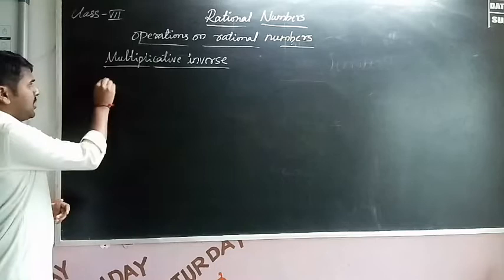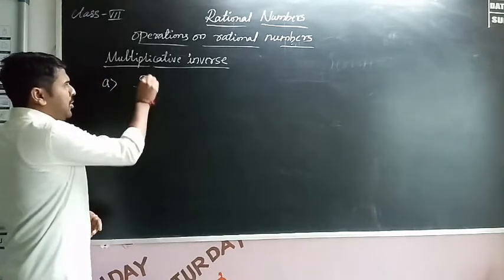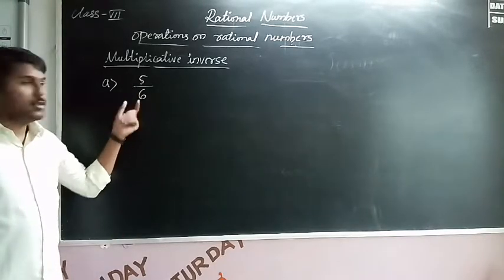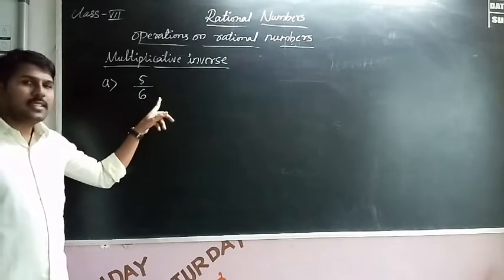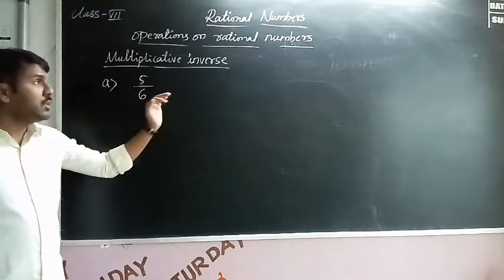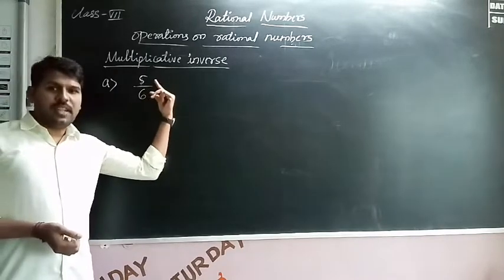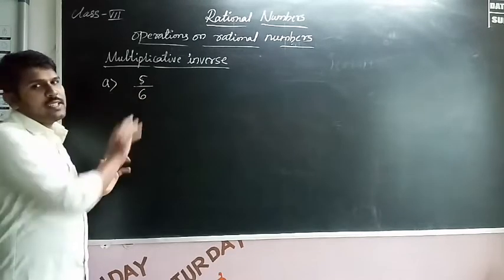So take down this one, 5 by 6. So how to find out the multiplicative inverse of this rational number, 5 by 6? The multiplicative inverse of any rational number is the reciprocal of that number. If the plus sign is there, take down the reciprocal directly.